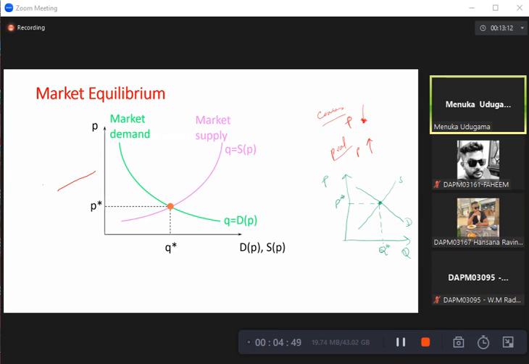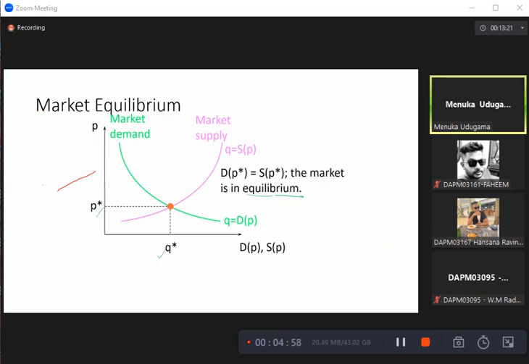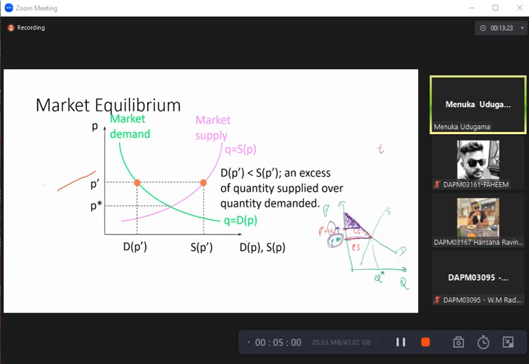Right, so we'll look at another economic phenomenon before we move into today's lecture. For example, what would happen in the case of a tax?